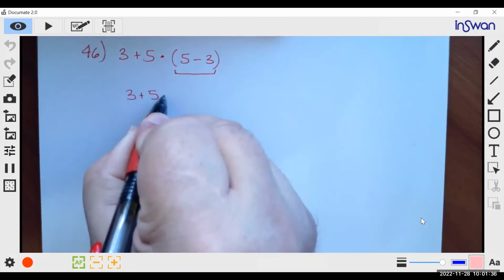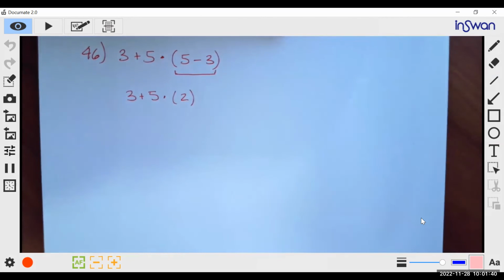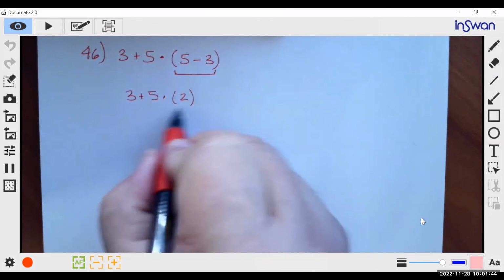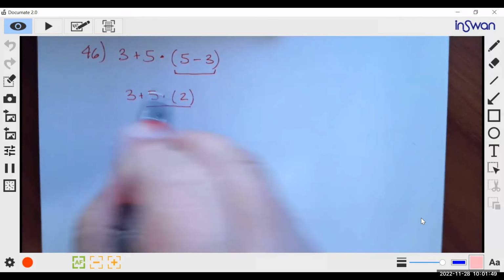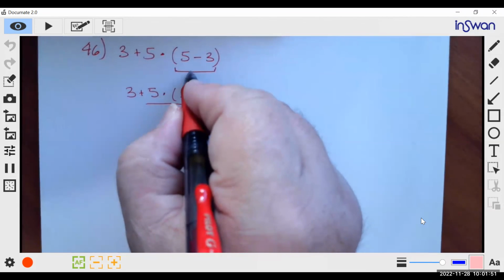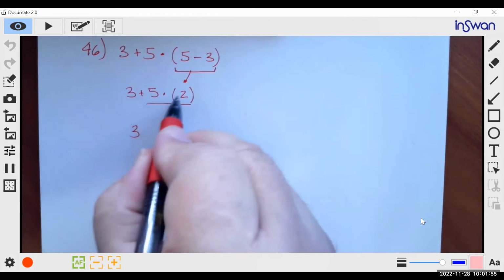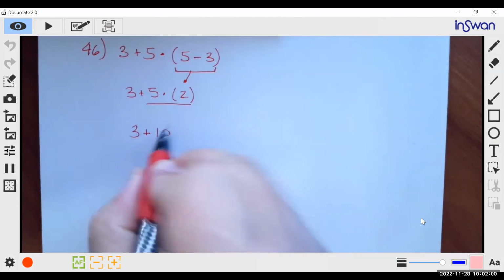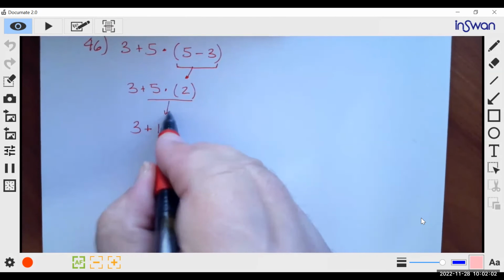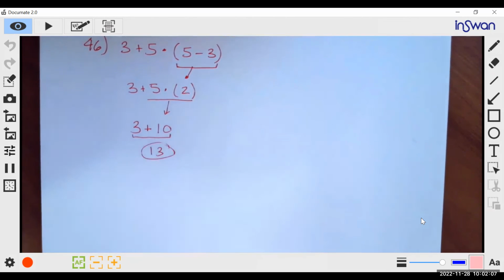Parentheses first: 5 minus 3 is 2. Can't do anything inside the parentheses, so we have to get rid of the parentheses. Positive times positive is a positive. 5 times 2 is 10. 3 plus 10 is 13.